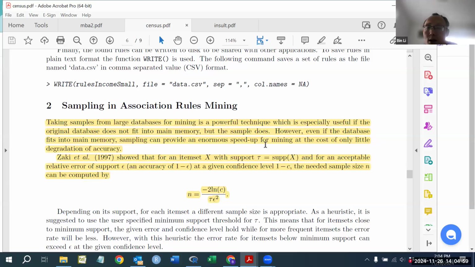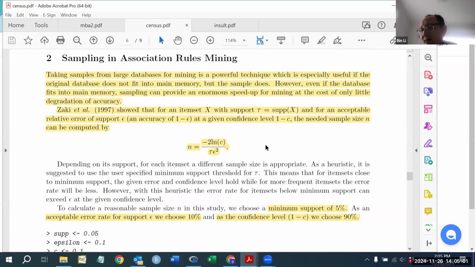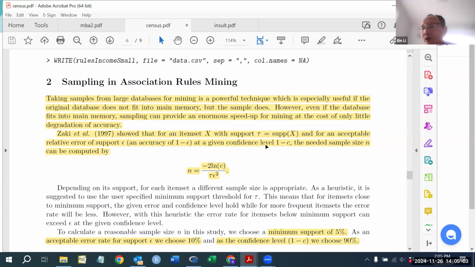The next part of these lab notes, which is very useful in association rule mining, is subsampling.